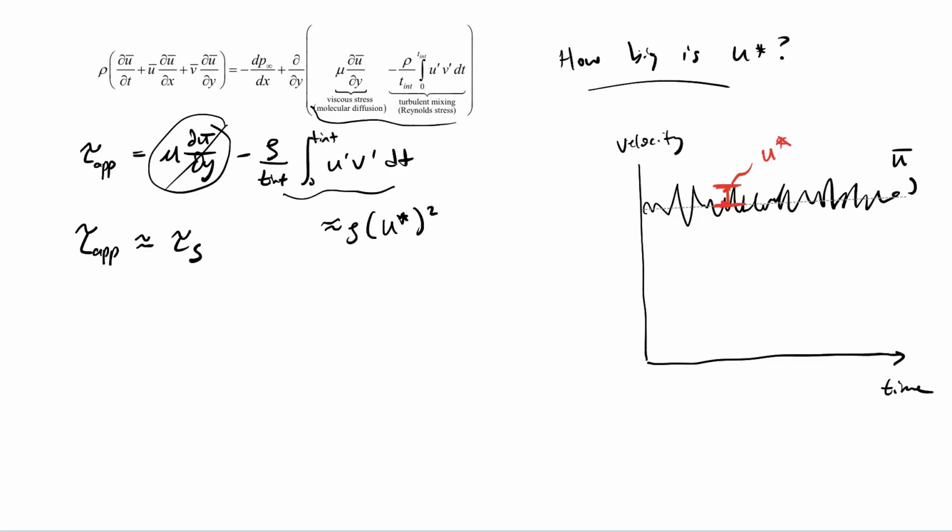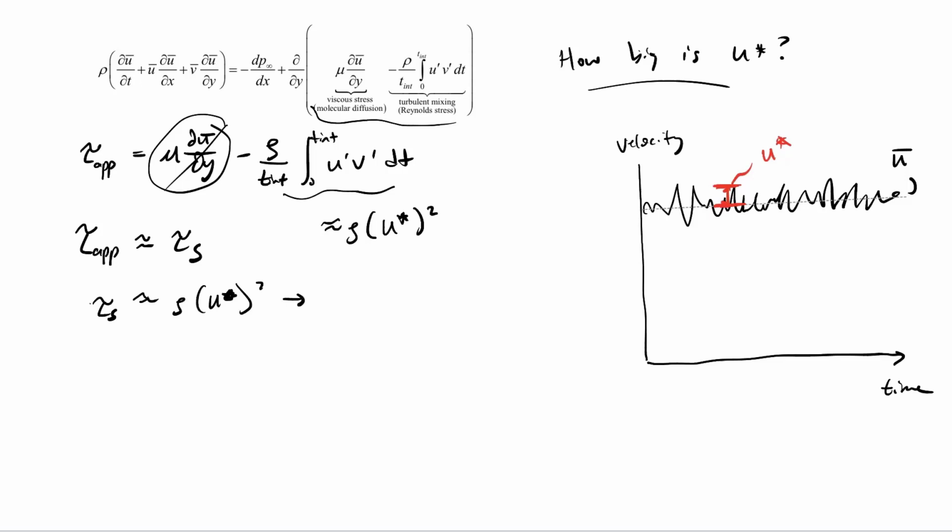So our apparent shear stress, tau s, the shear stress at the wall, is approximately equal to rho times U star squared.